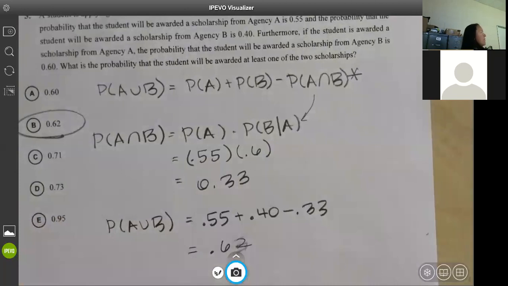Any questions on 4.6? I will post this in our modules if you want to go back and look at it. Everything has been posted. Also, while I'm talking about it, your multiple choice for units 1 through 4 are posted, but I could only post specific questions. Copyright laws don't let me post everything.